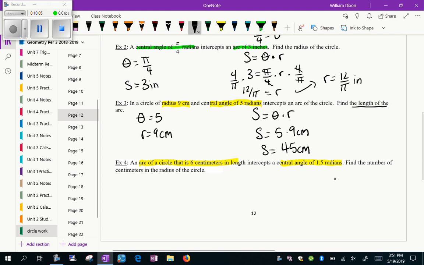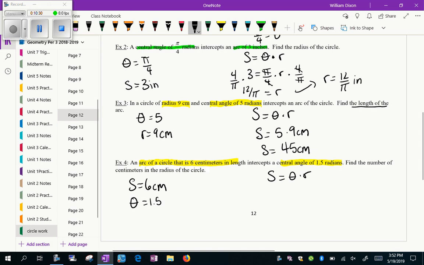We know we're going to use our equation. So in this one, I have my arc, or S, equals 6 centimeters. And what else do I have? I have my central angle, theta, that equals 1.5 radians.